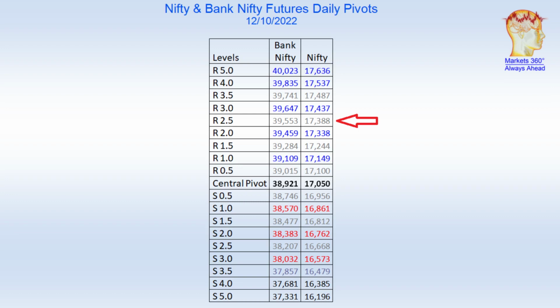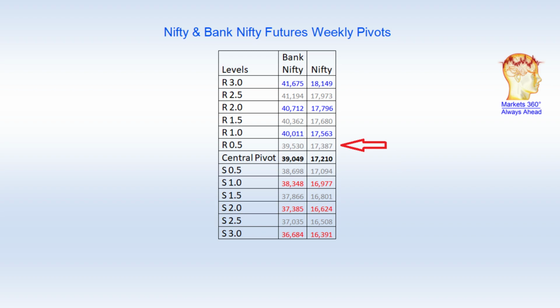And now take a look at the weekly pivot, which is showing resistance 0.5 at 17,388. The difference is only 2 rupees. So here at 17,380 odd level, there is a confluence where a lot of selling might be seen in case the Nifty was to go up.